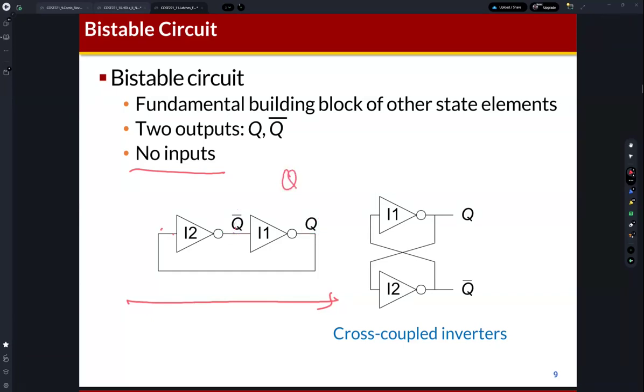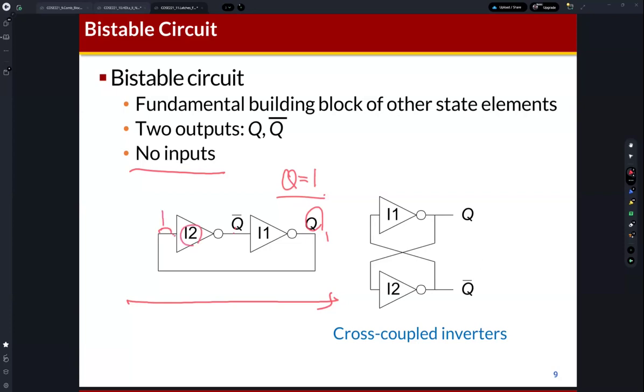If Q equals 1, this is a digital signal, which means we can just use one of the values. That is the advantage of the digital system, because the signals are very simple. So let us assume that Q is 1. This Q is 1, and then 1 is given to the input of I2.